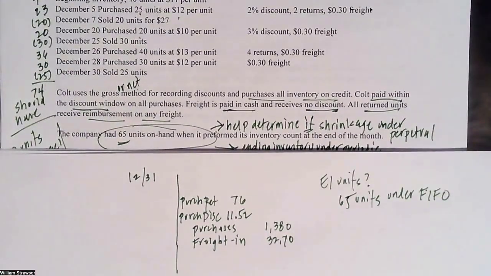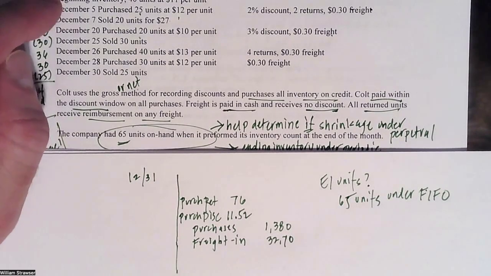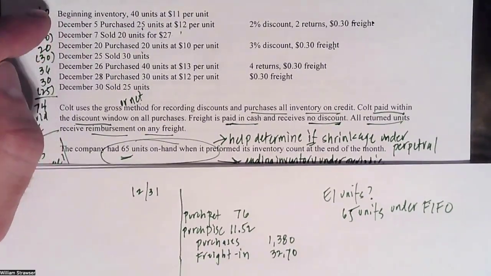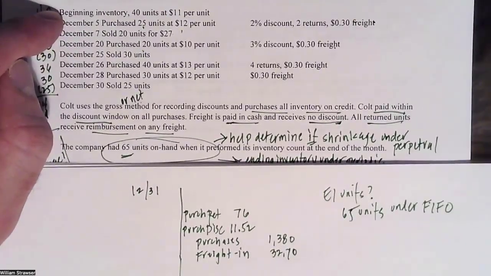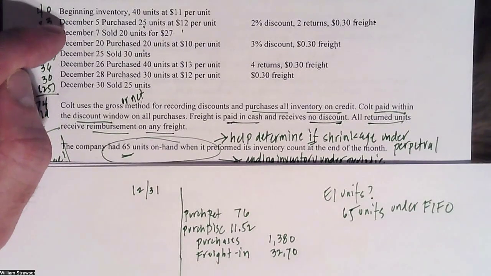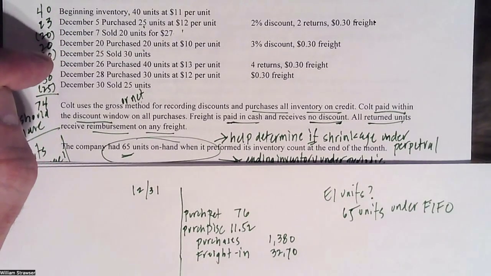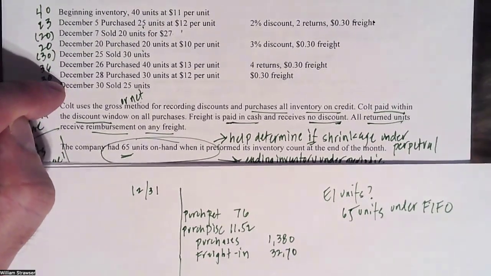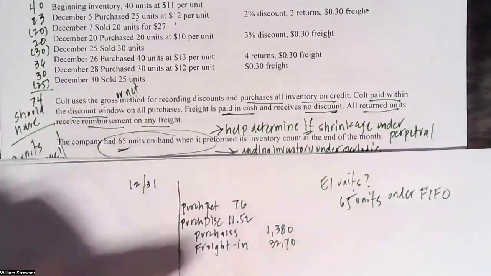I'm thinking about what's left after I've sold. So if I was doing a cost of goods sold under FIFO, I would start up here because these are my oldest purchases. But if I'm assigning all my oldest purchases as sales, what will FIFO leave as ending inventory? It'll leave the stuff that's most recently purchased as the ending inventory.